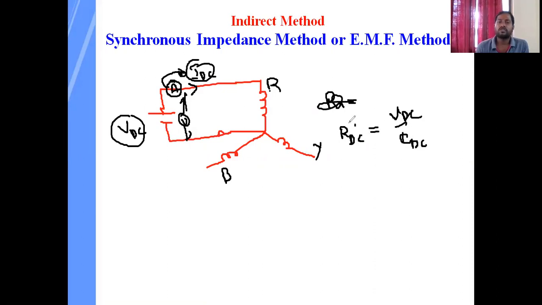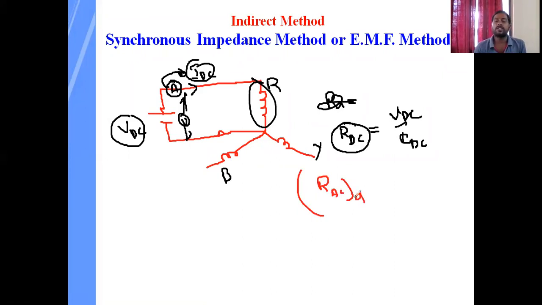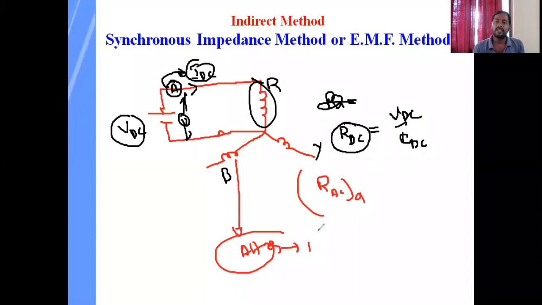So by using this, we can find the DC resistance of this R phase, but we need to find the AC resistance of the armature. Why AC resistance? Because this is an alternator used to generate AC. So AC resistance is different, DC resistance is different.